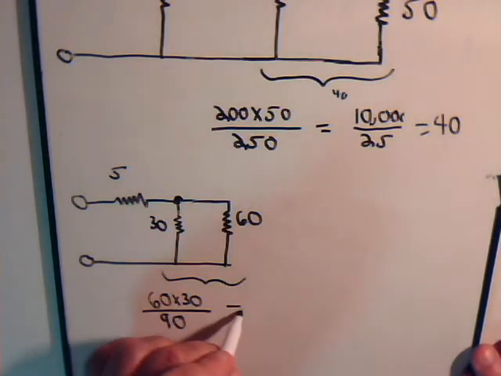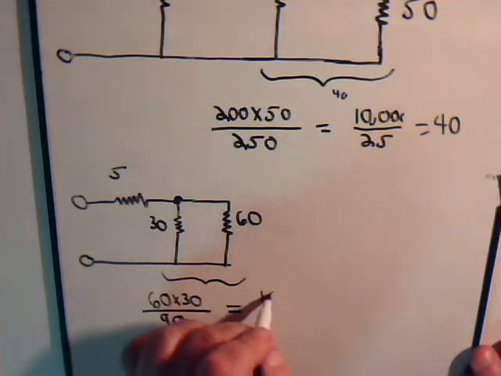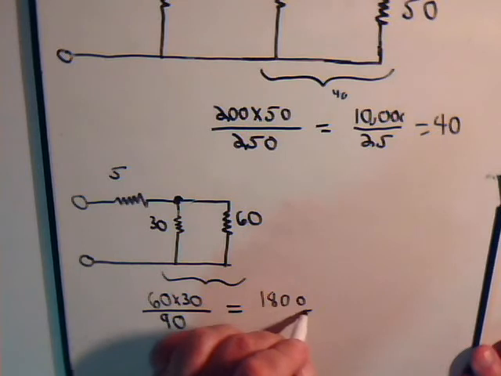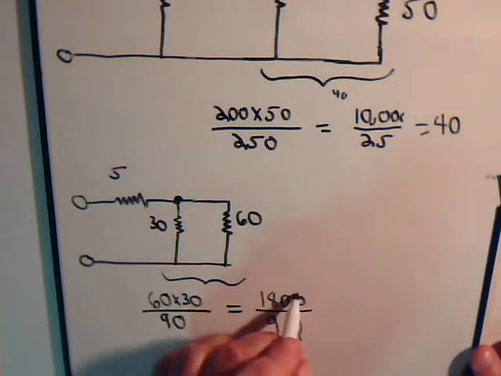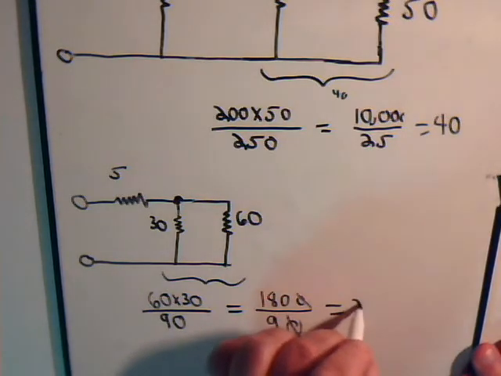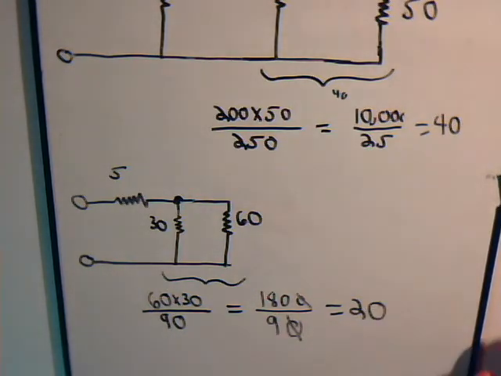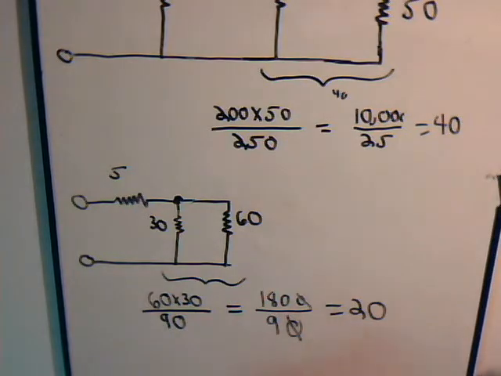So here we have 60 times 30 is 1,800 divided by 90. That's 180 divided by 9. So that's equal to 20. So we can replace these with just a single 20 ohm resistor.